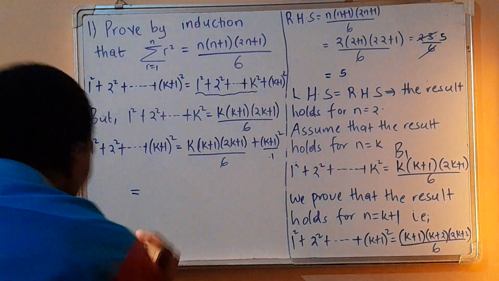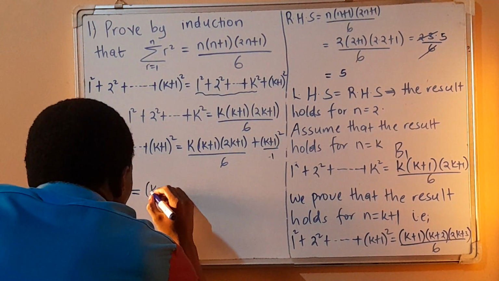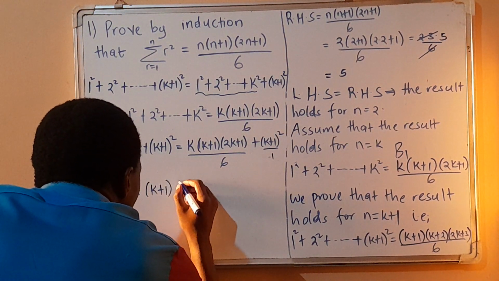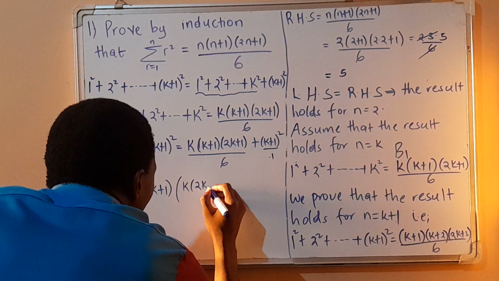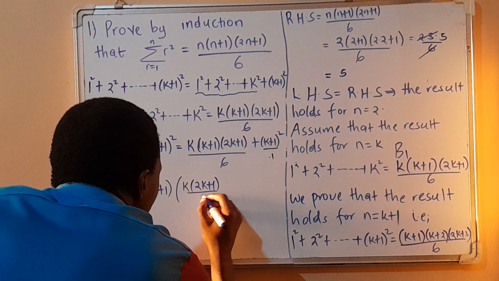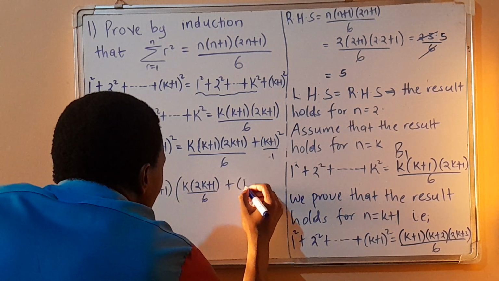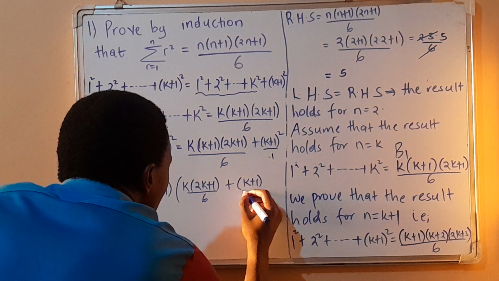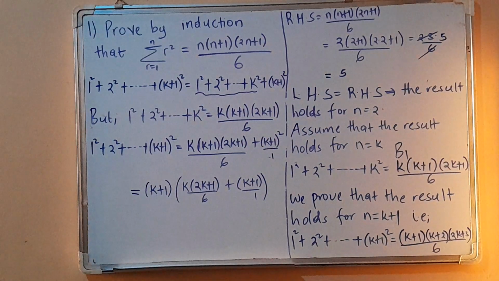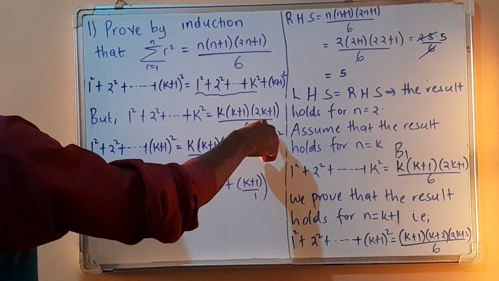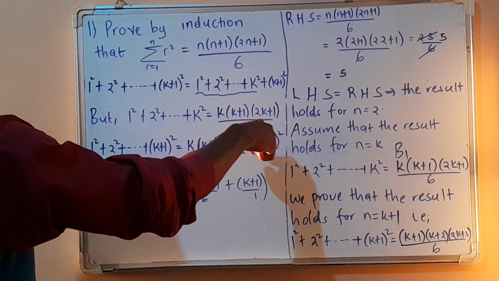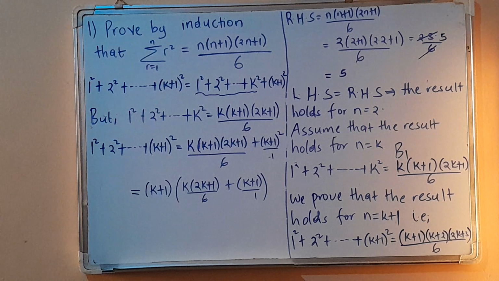K plus 1 is common. So we can put k plus 1 outside such that we remain here with k, 2k plus 1 over 6, then plus k plus 1. I have factorized out k plus 1, this is outside, also this is one of the k plus 1s here, factored outside.